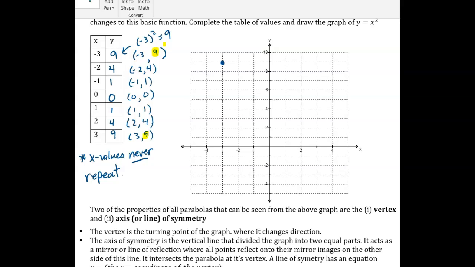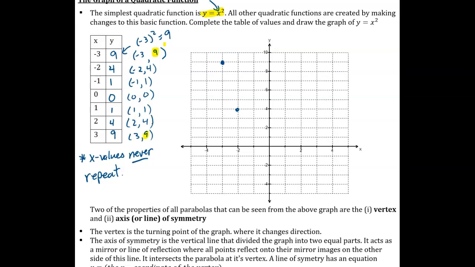So -2 and 4. -1 and 1. 0, 0. And then what you notice is that the heights start repeating. So 1 and 1, 2 and 4, 3 and 9. And if we were to connect them, here we are.